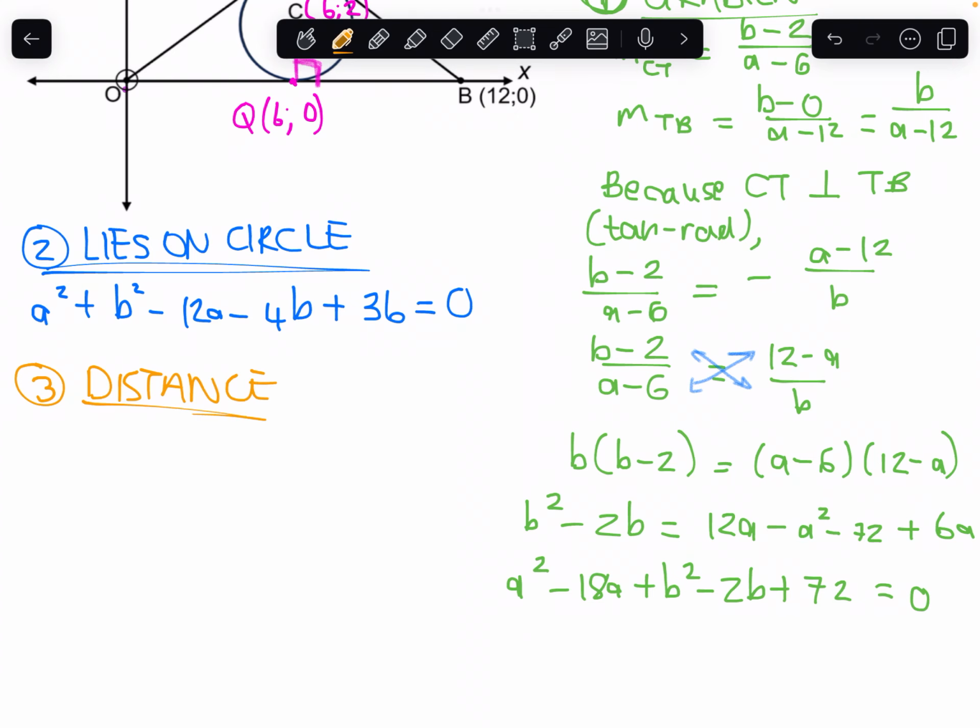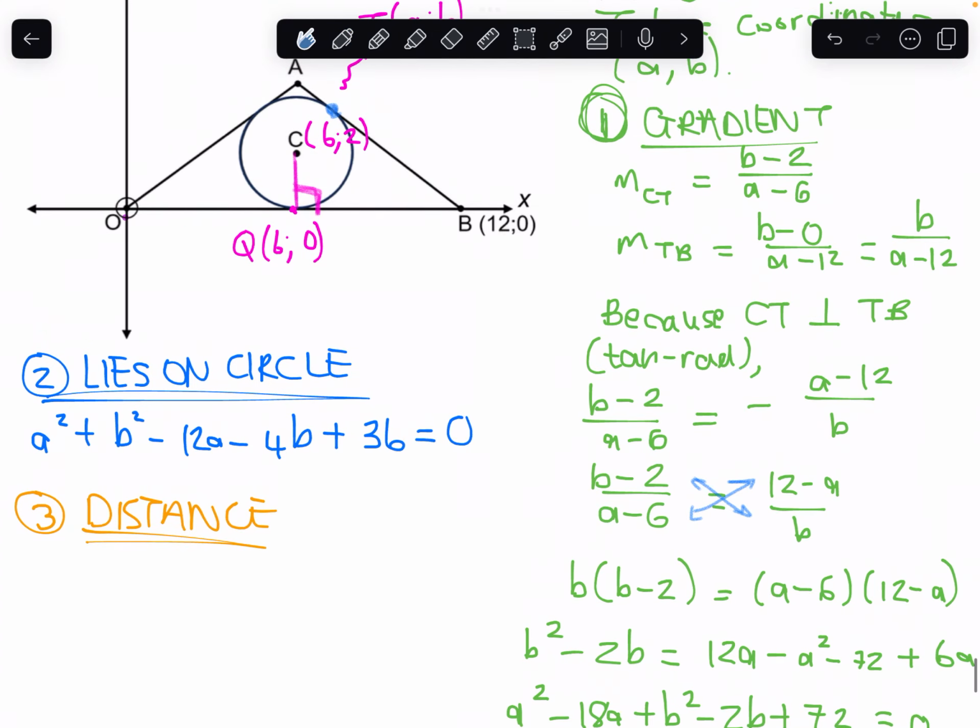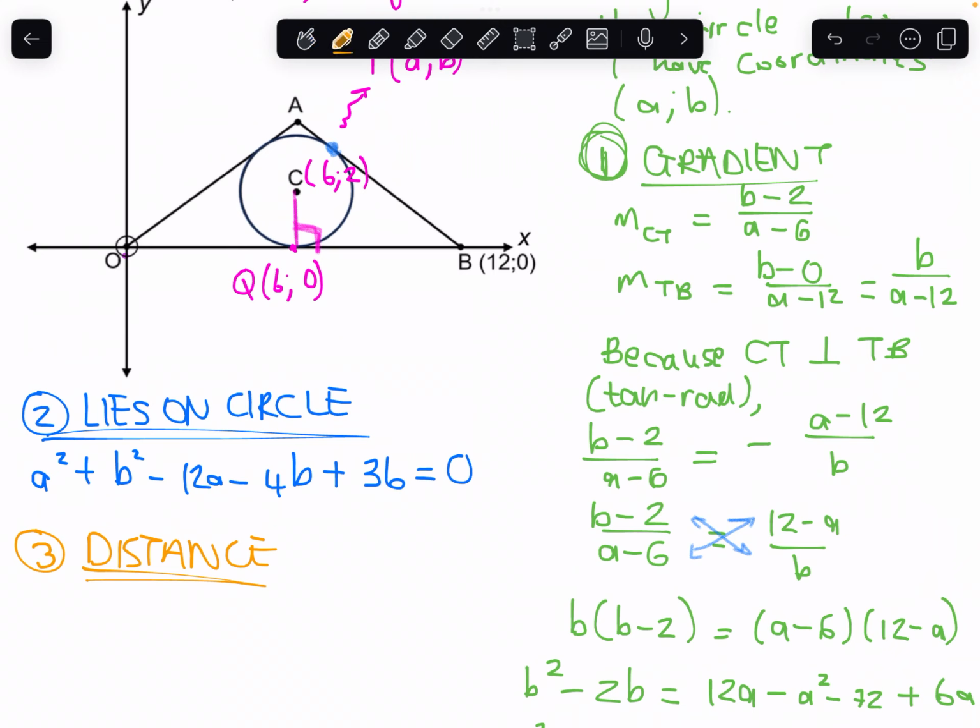Okay, the third thing we know is the distance stuff, right? So we know that QB is equal to TB because tangents meeting at one point are equal.